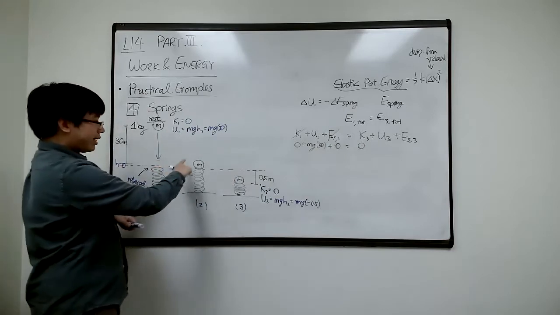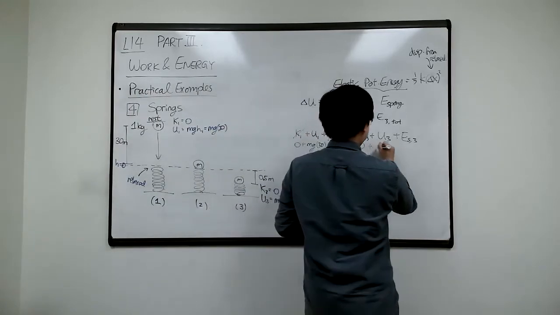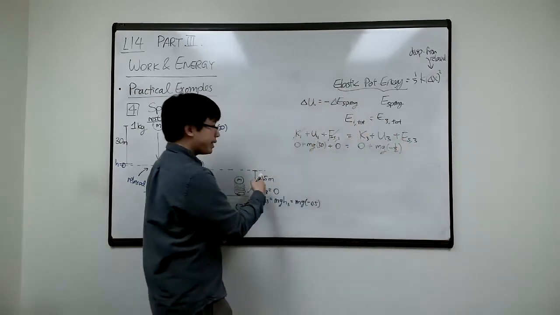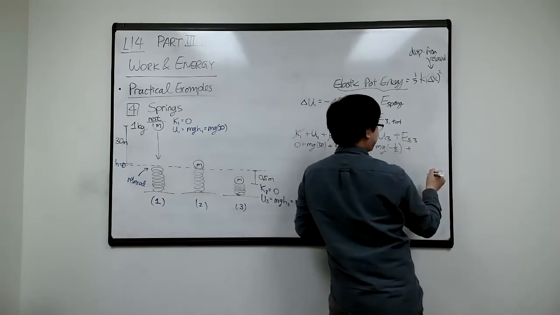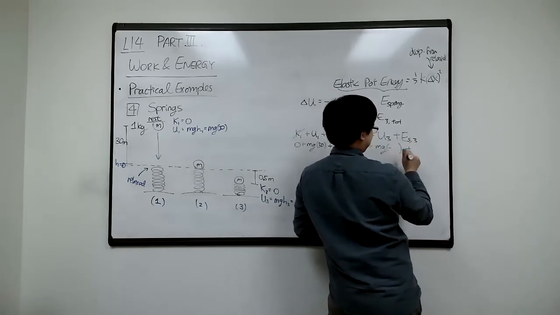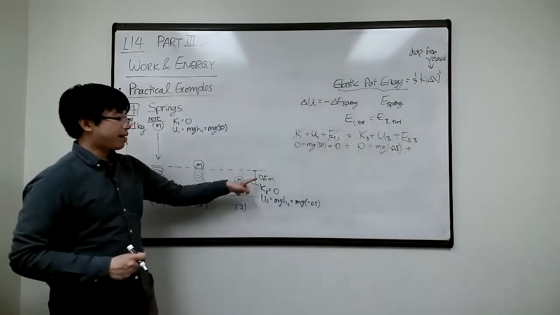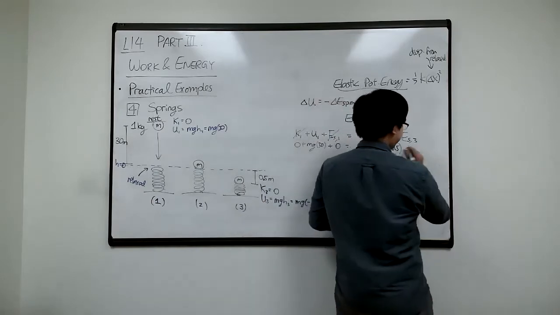So you add these up, and here you add these up, plus mg times minus half a meter. I'll use half so I can do some mental math later on. Actually, that's not a good practice, because for whoever's grading my work, you want them to be able to match things up. So that's a slightly better practice.